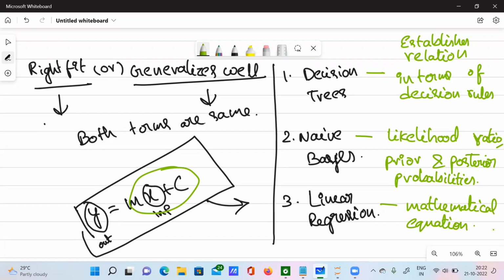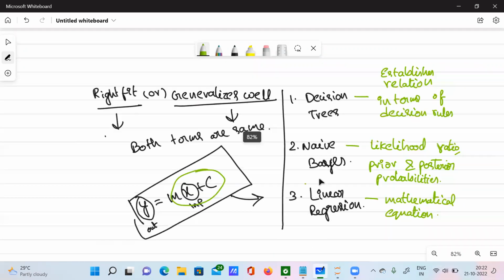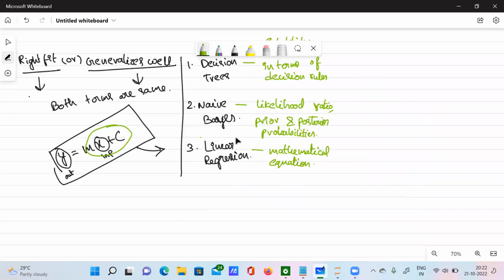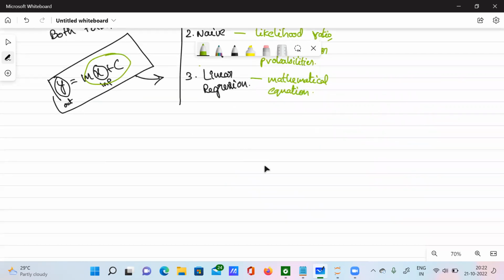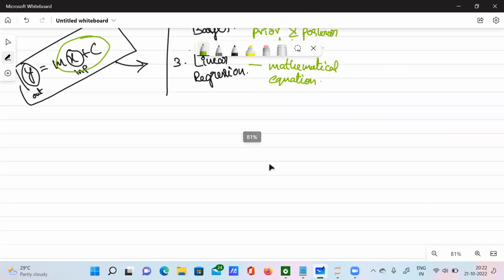So each algorithm has its own way of establishing the relationship between input and output variables. But now we are in the linear regression part, so I'm gonna explain what is meant by this y equal to mx plus c.